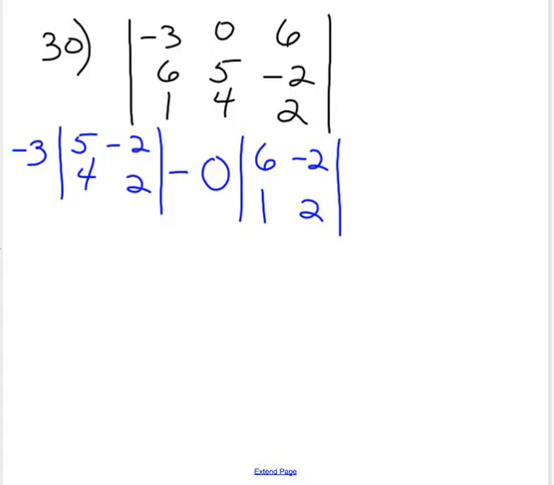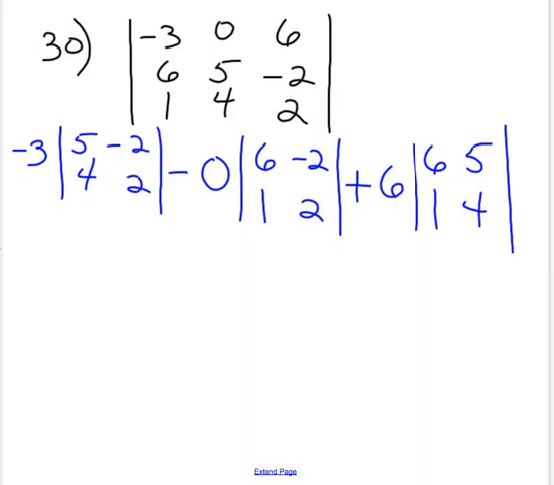My last number in row 1 is the 6. If I eliminate everything in row 1, column 3, I am left with another 2x2 determinant: 6, 1, 5, 4.